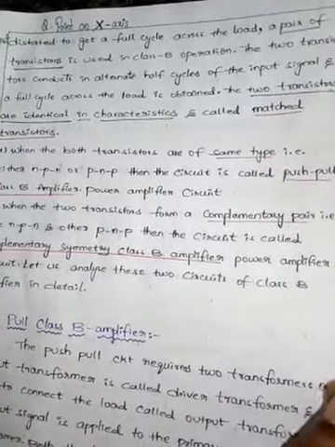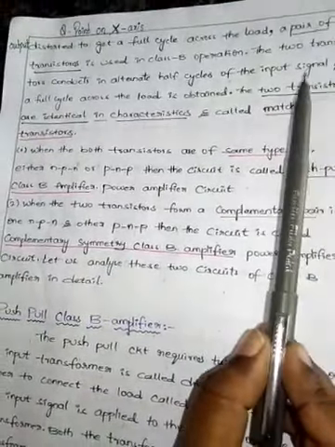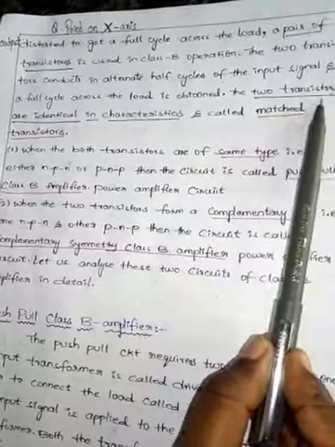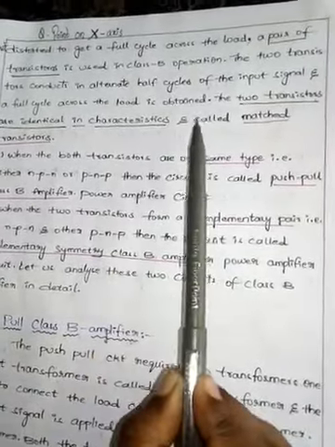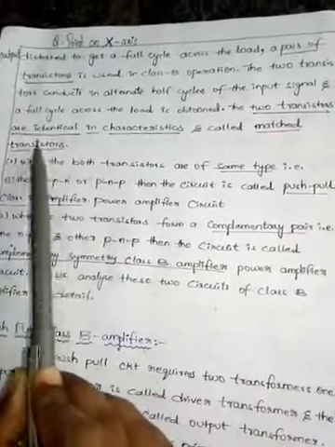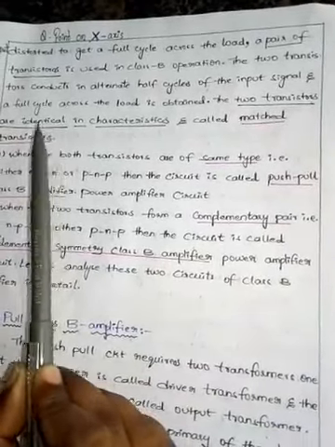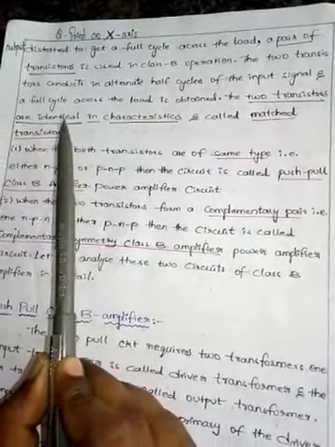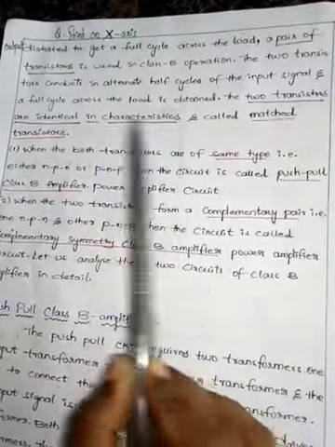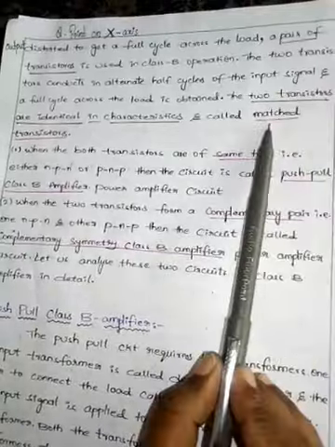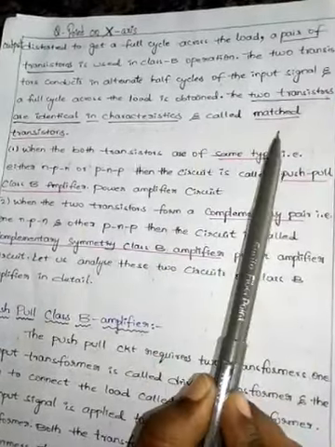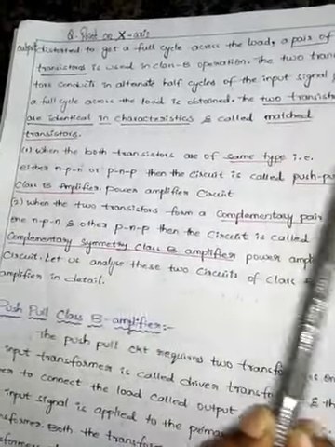Here the two transistors which we are choosing should be identical in their characteristics, so these are called matched transistors. We already discussed in the previous section that if both the impedances are matched, it can provide the full cycle at the output side.